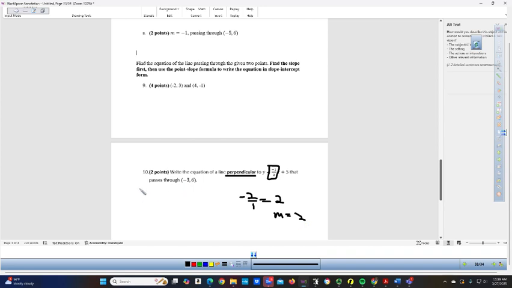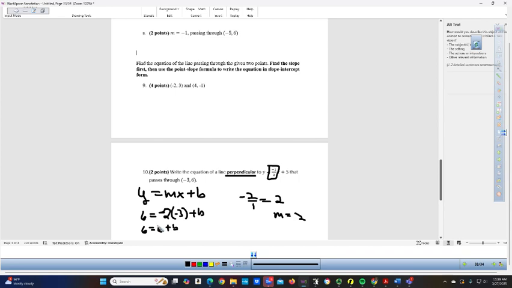And now, again, it's just back to either using the point slope formula or using the slope intercept form to solve for my b, right? So 6 is going to equal 2 times -3 plus b. And so 6 is going to equal -6 plus b.